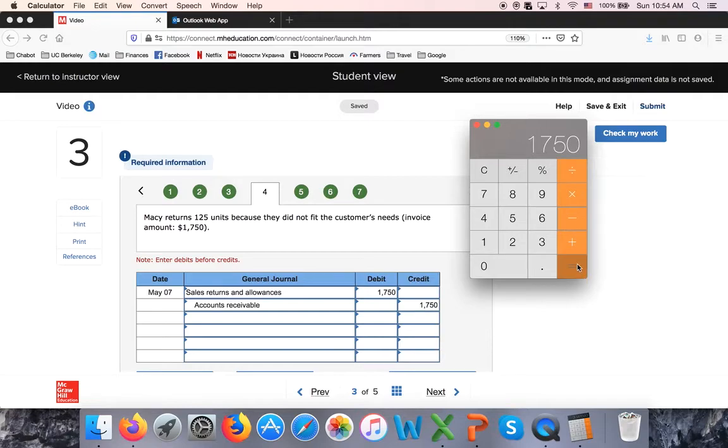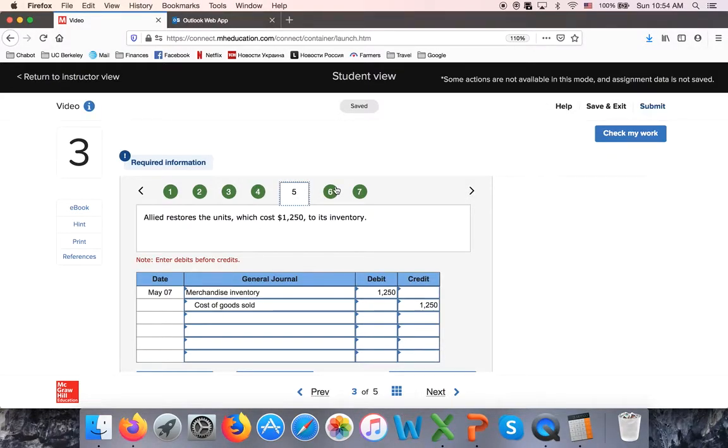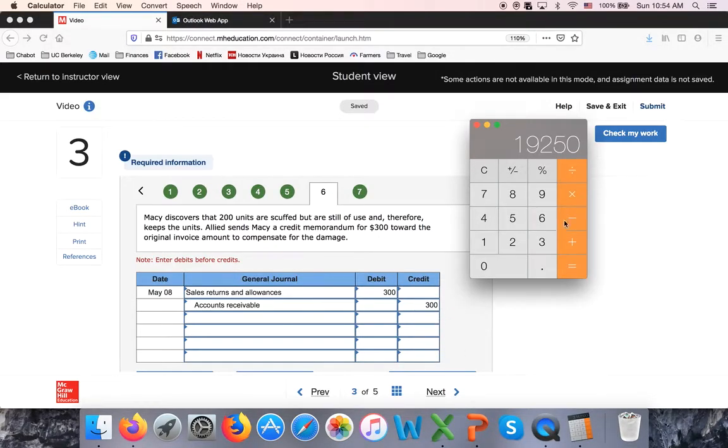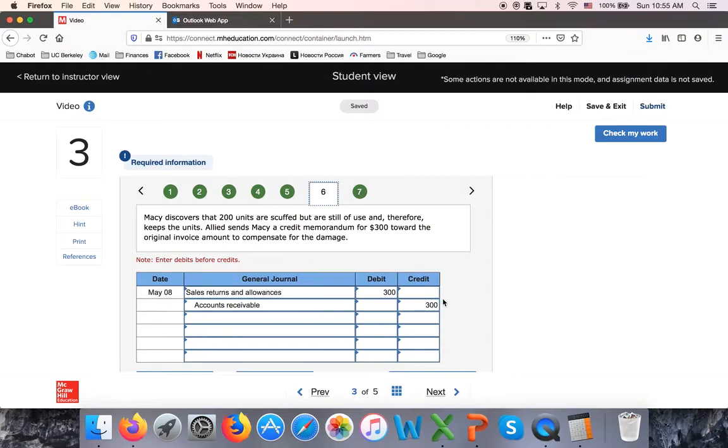And then I also gave the customer an allowance of $300, which also decreases the AR they owe us, minus 300. So what does Macy owe us? 18,950.